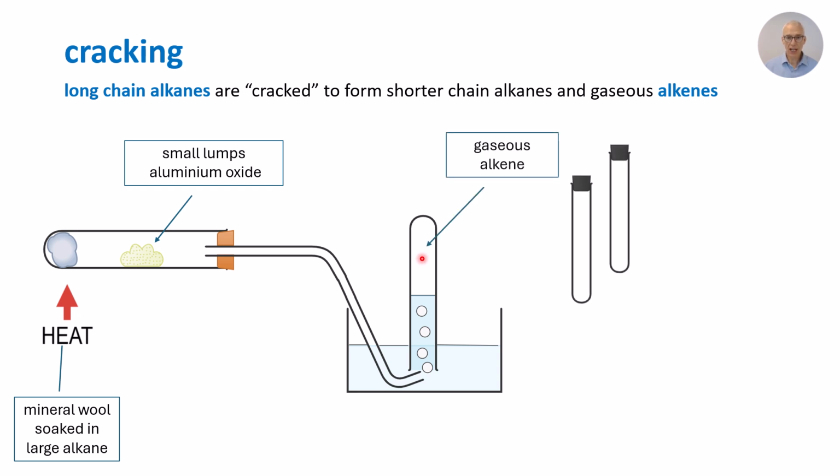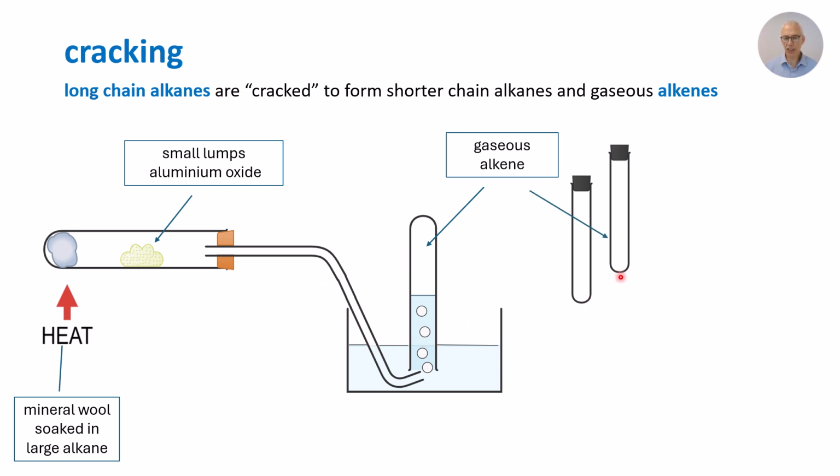So we collect a gas by downward displacement of water, and test tubes are collected. So these are the first two test tubes. We generally assume that the first test tube is principally air, expanded air, or air driven out of the apparatus and into this tube here.